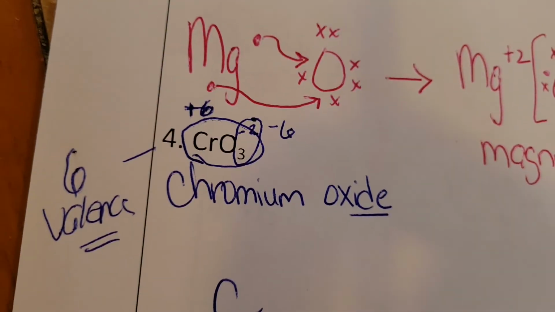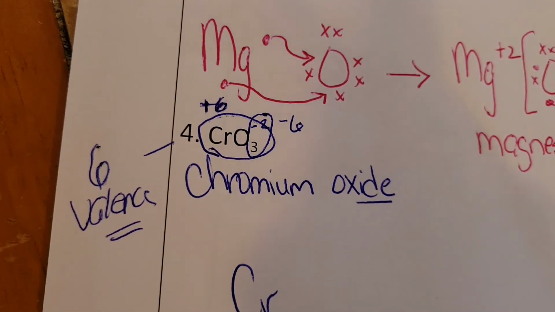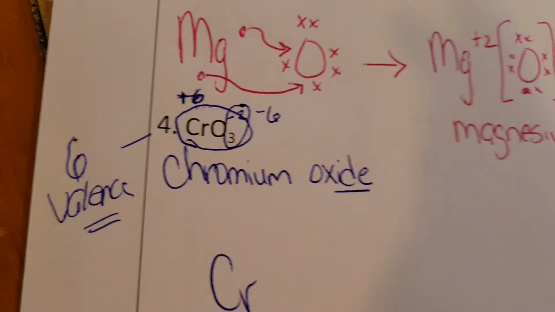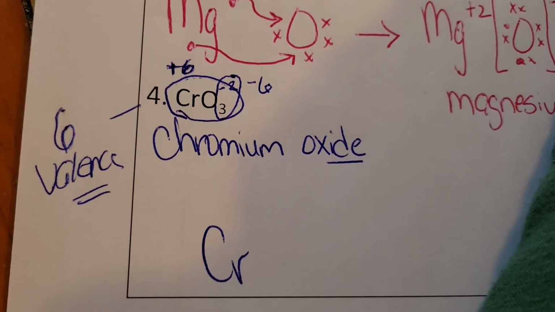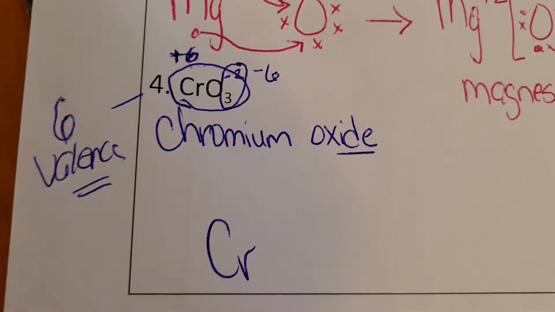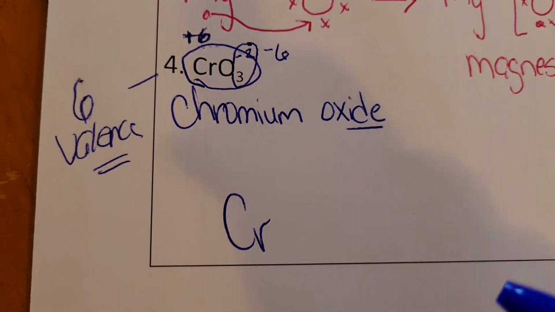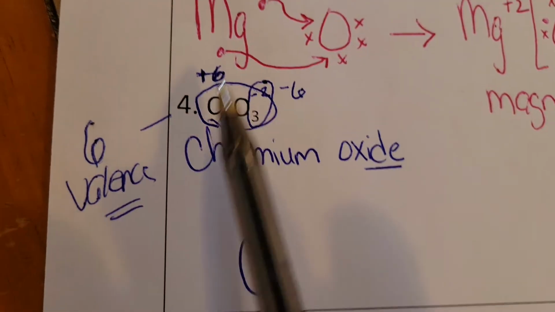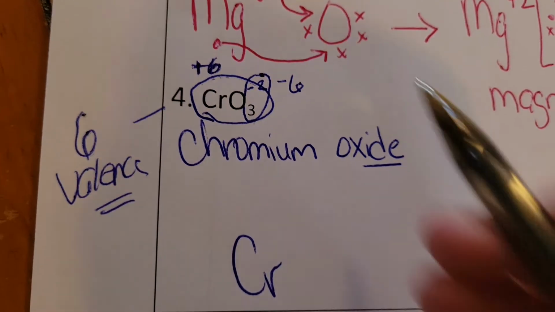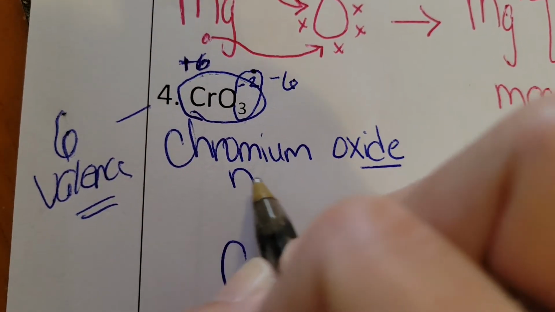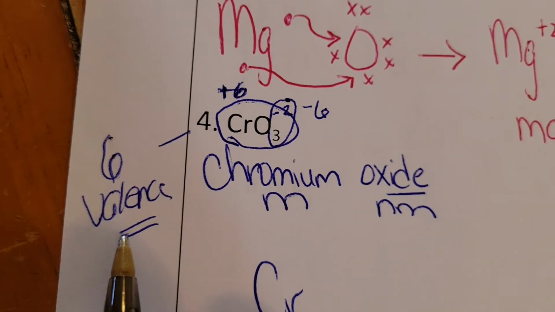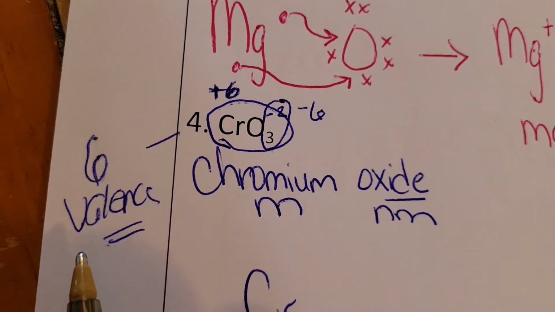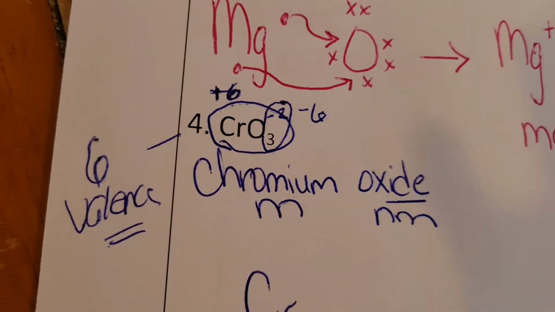And now we would typically say, well, why would it be losing 6 then? Because it's a metal and it's with a nonmetal, and because there's always some weird exceptions to the rule in chemistry, but metals and nonmetals are always going to be transferring electrons. And because chromium is a metal and oxide is a nonmetal, even though it's 6 and it'd be much easier for it to gain 2, metals don't gain electrons.